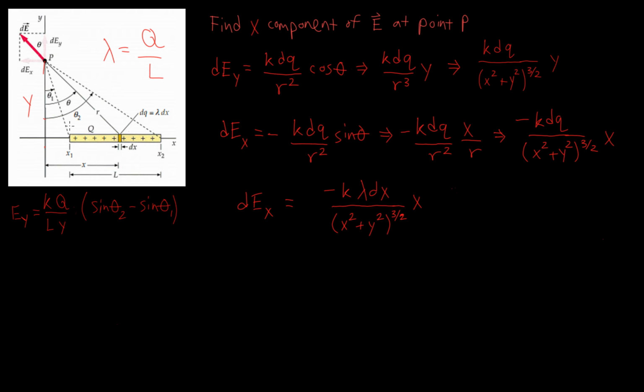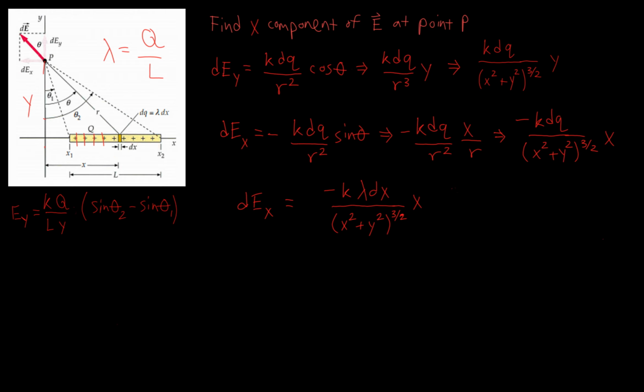And so once again, what we're actually doing to find the electric field in the x direction at point P is we're actually cutting up this entire line segment right here into really small pieces that have a width of dx.